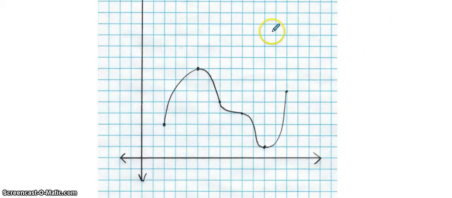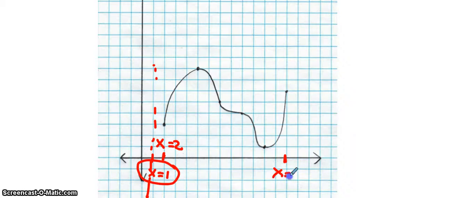If my graph looked like this, when I talk about my x and my y values, what happens if x is positive 1? Okay, x equals 1. What happens here? Well, I don't have any y values. Whether I go up or down, I don't hit the graph, and so x equals 1 is not in my domain. In fact, my domain only includes, apparently, these values from x equals 2 out here to x equals 13.